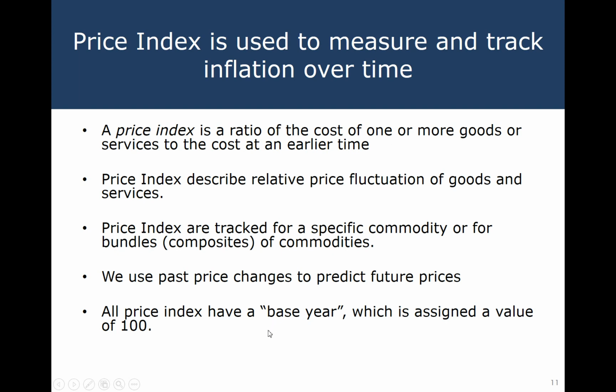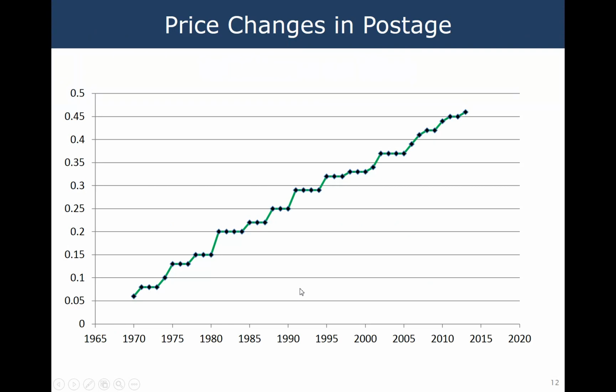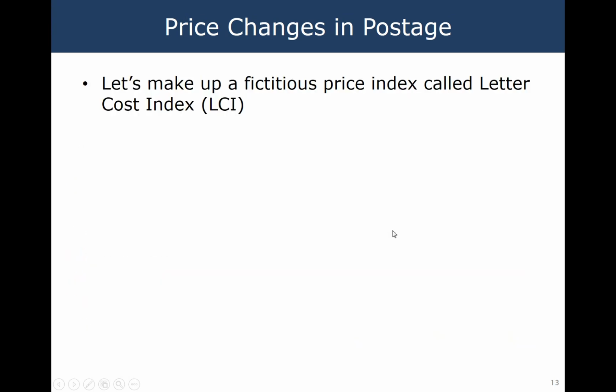All price indexes have a base year which is assigned a value of 100. Then you can see the price change, for example the postage. This is the statistics, right? So let's make up a fictitious price index called the Later Cost Index, LCI.